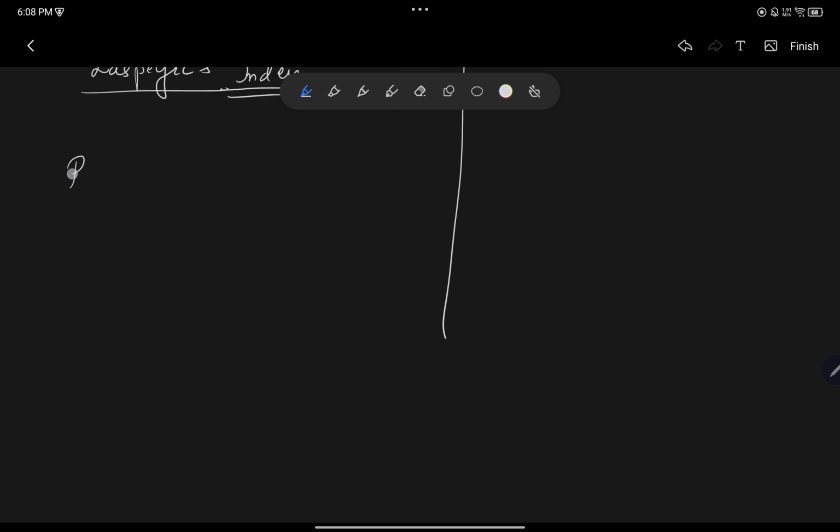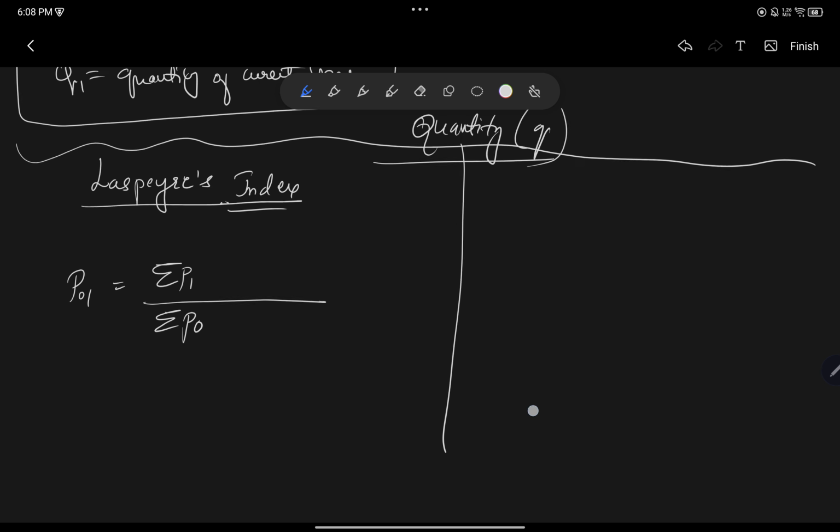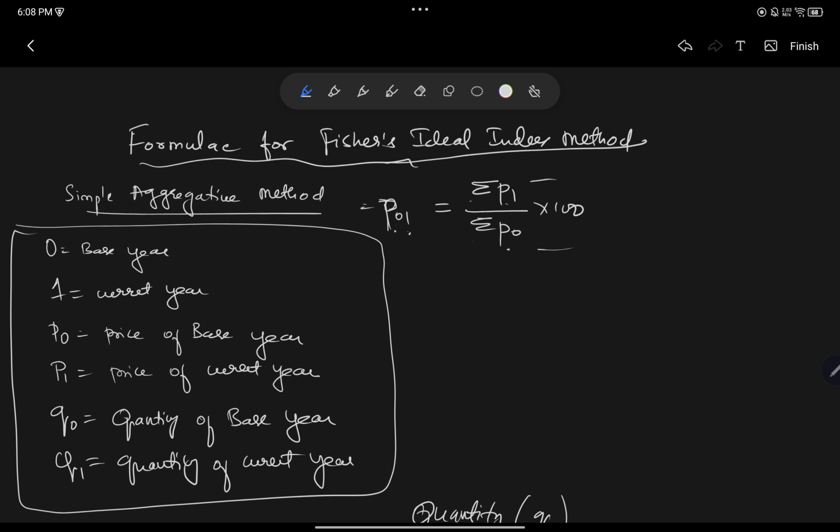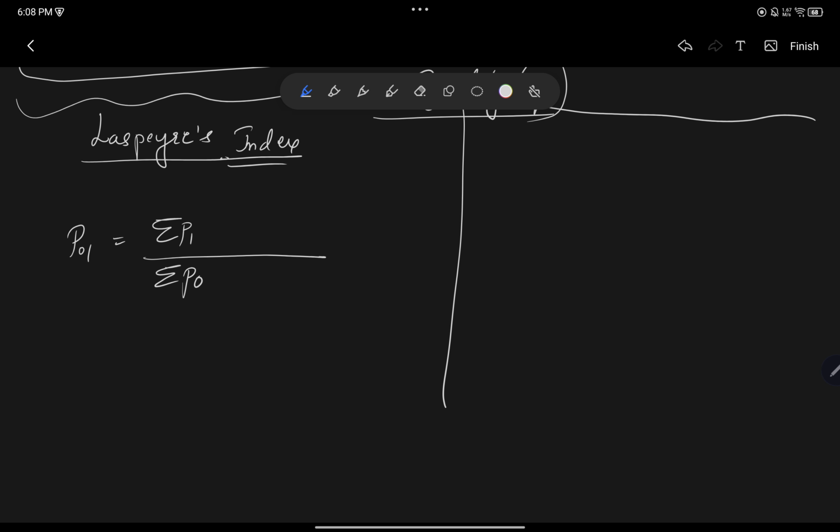Let's make it like P01 is equal to summation of P1 divided by summation of P0. This was constant, like the previous one. Along with that, he added something, small x I am writing, means multiply. He added the quantity of the base year, saying we need to consider both, then we will get the right answer.